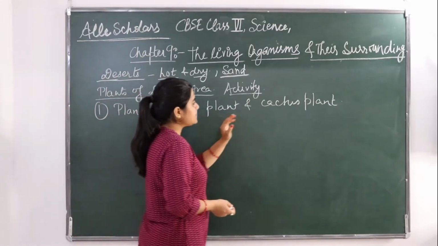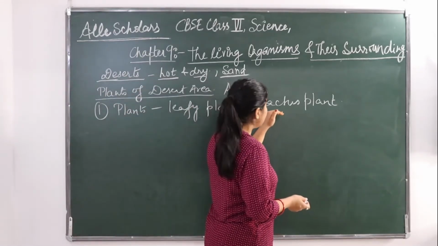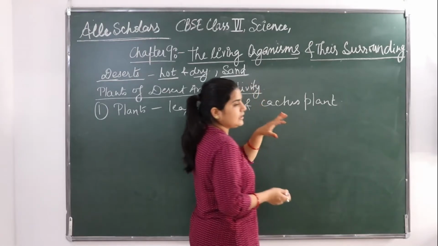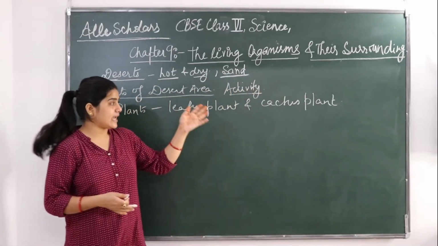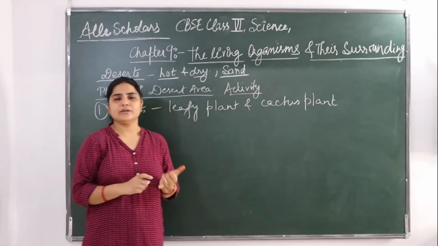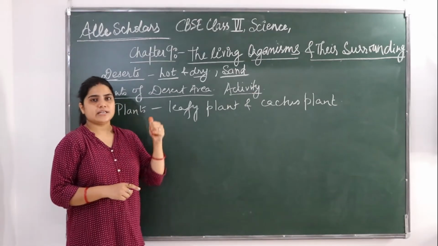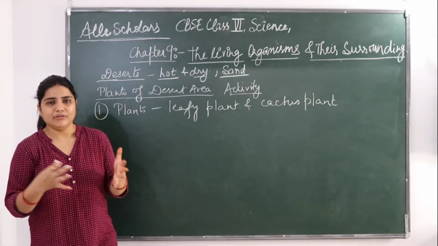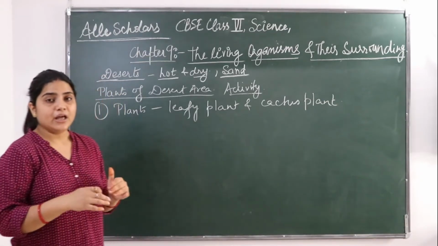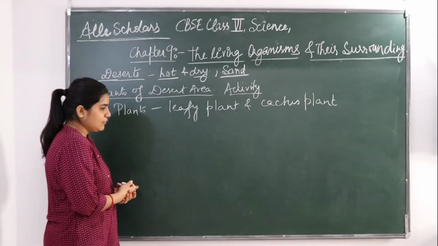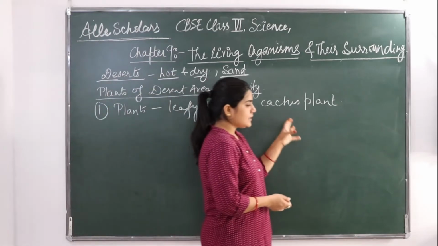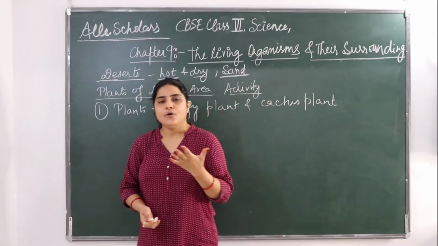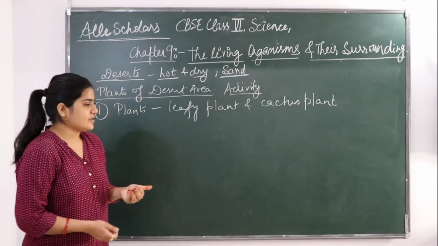Okay. So what happens? Transpiration. So why is this cactus plant losing less water through transpiration? As I have already told you, these leaves are either absent or they are modified in the form of a spine, which prevents the much loss of water. Okay. So this helps in reducing loss of water from the leaves through transpiration.